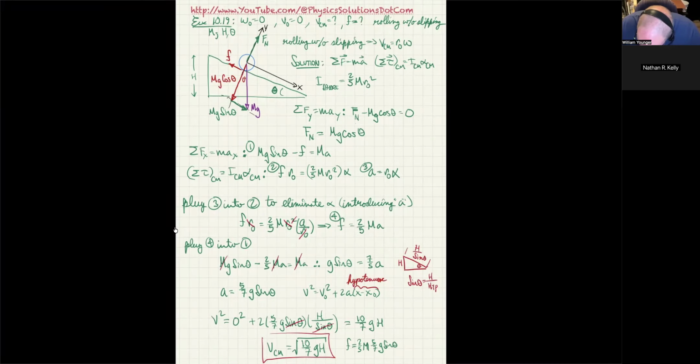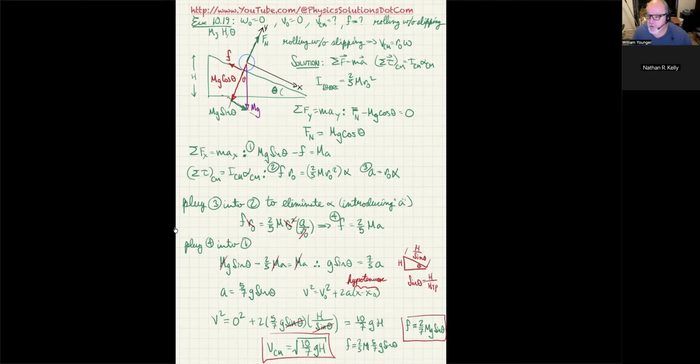So this all gives us that the friction force is in fact 2/5 times 5/7, which gives us 2/7. So it's 2/7 mg sine theta that is the friction force. Okay.